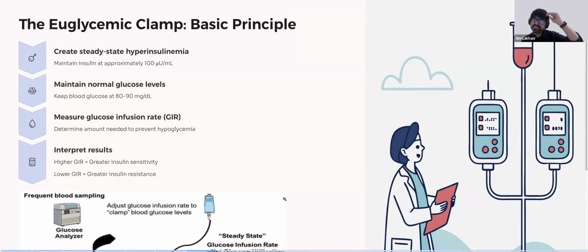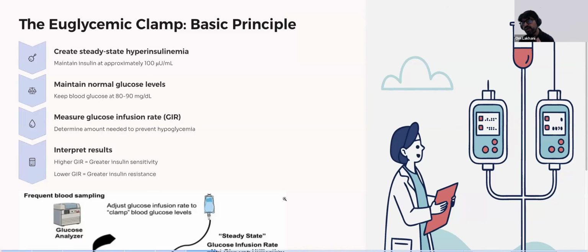Now, when the glucose goes inside the cell, the glucose level comes down, and then you have to give more glucose from outside to increase the glucose level. So if you require more glucose to maintain the steady state of the glucose, that means the body's cells are more insulin sensitive, and hence you have less insulin resistance.